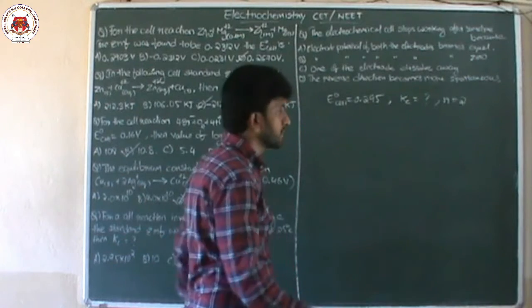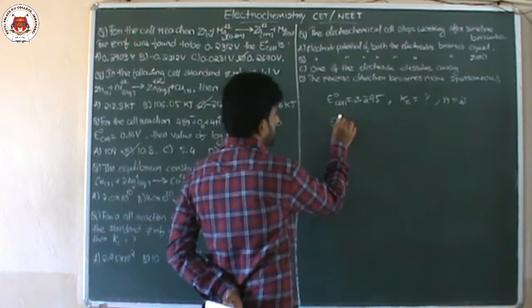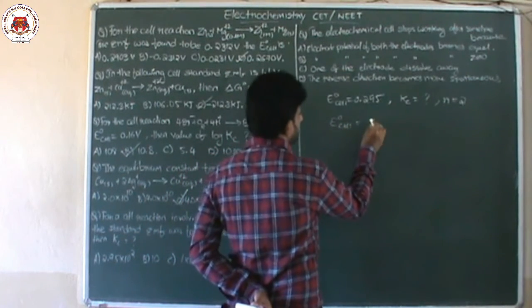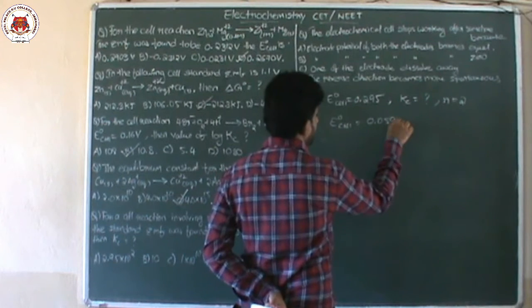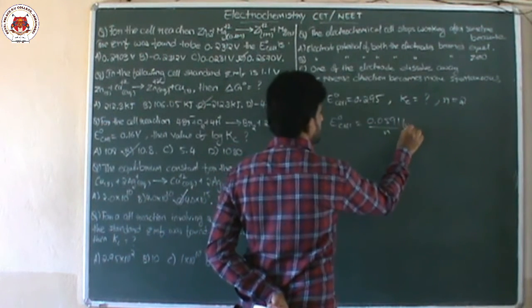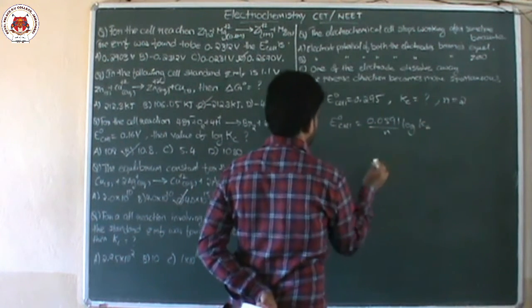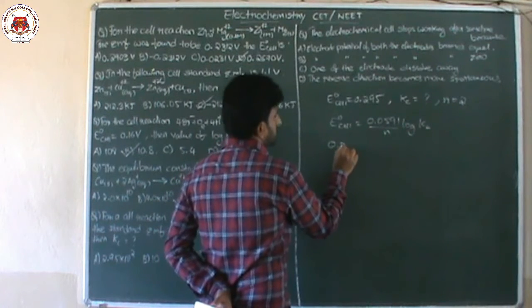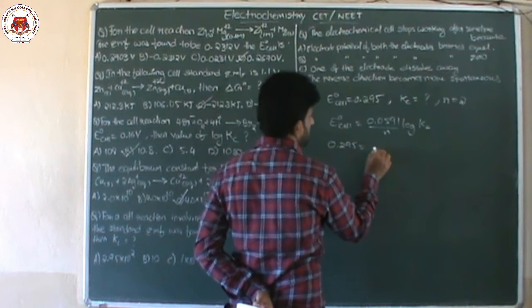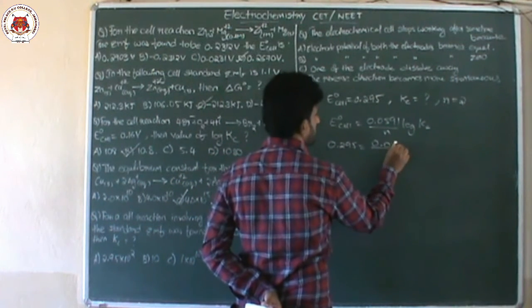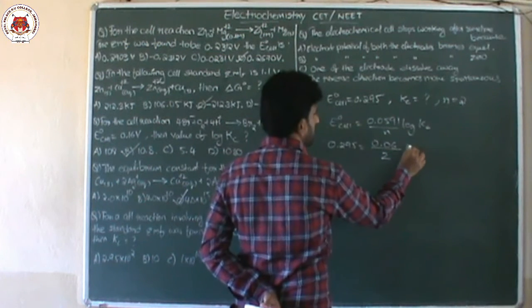That means E0 cell, again the same formula, 0.0591 by n log Kc, and 0.295 equals 0.06 by 2 log Kc, where 0.0591 is rounded off to 0.06.